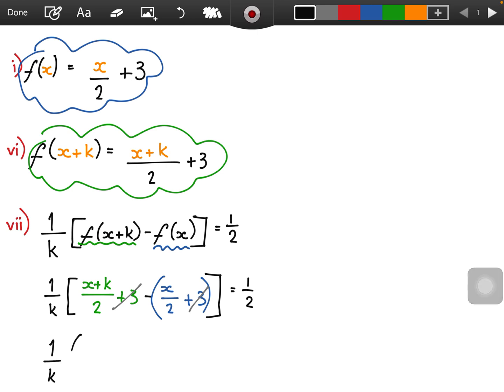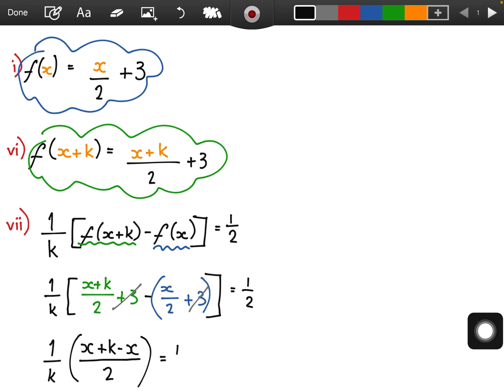And then all I have to do is figure out what x plus k over 2, and then minus x over 2, which is just going to be minus x all over 2. So I had x plus k over 2 minus x over 2, and I've written that all together as one big fraction because they already had a common denominator.